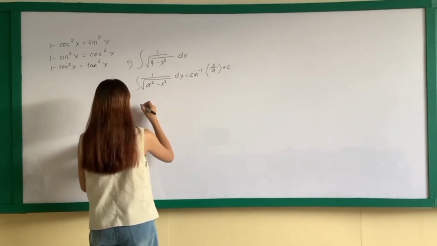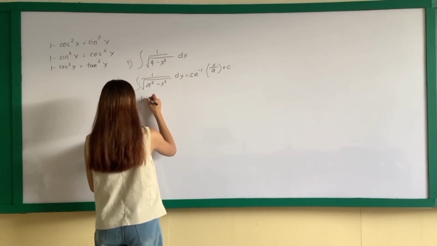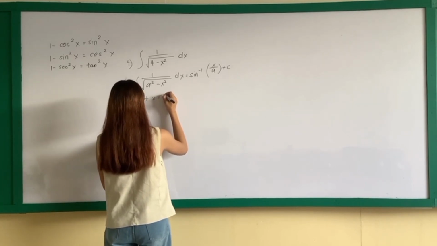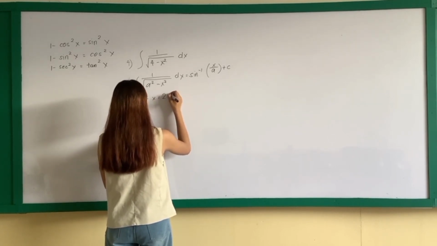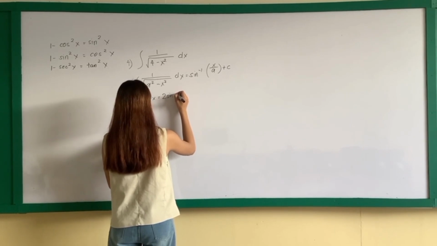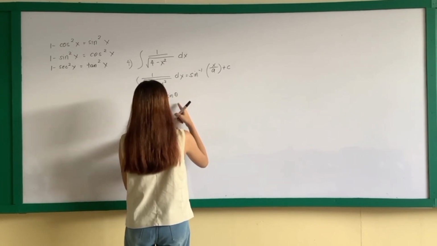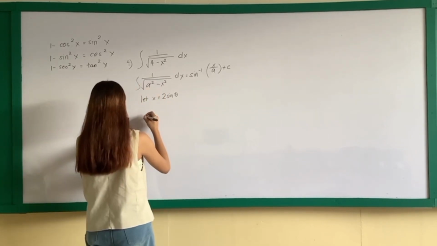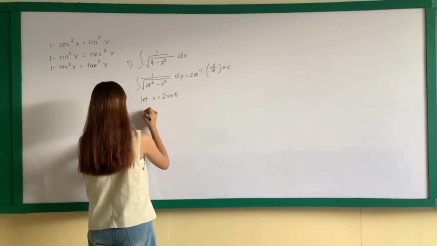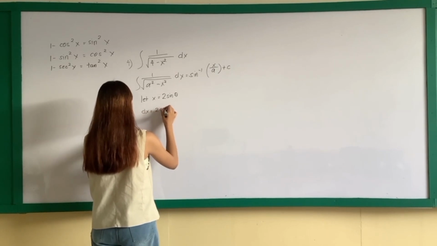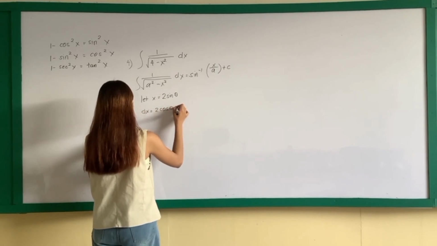So let x equal 2 sine theta, and our dx is 2 cosine theta d theta.